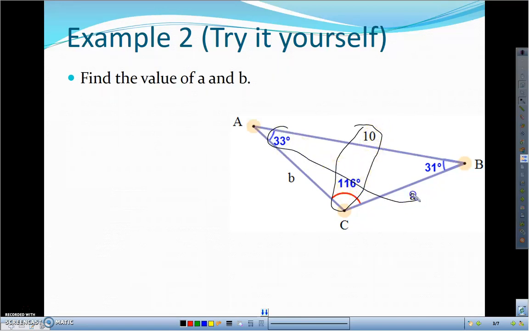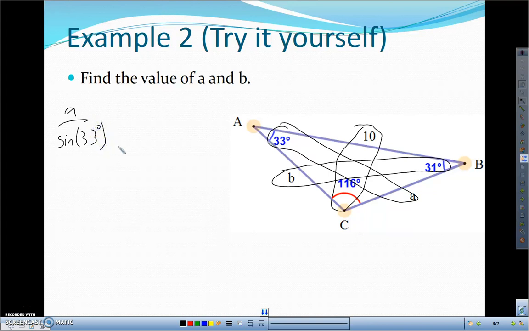I know that I've got a, I need to find this a, and I've got 33, and I know that I've got b, I've got 31 degrees. So if I want to solve for a, I'm going to start with a over sine 33 degrees. The one pair that I have both numbers for is 10 and 116. It is equal to 10 over sine 116.